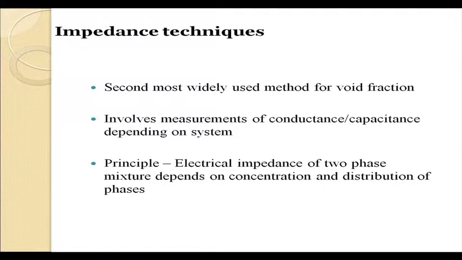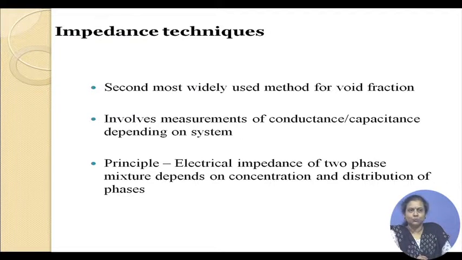And therefore, the impedance probe is the second most widely used method, not only for void fraction measurement, but also for the estimation of void distribution. Now, what does it do basically? It basically measures the difference in electrical conductivity or electrical impedance of the two-phase mixture.